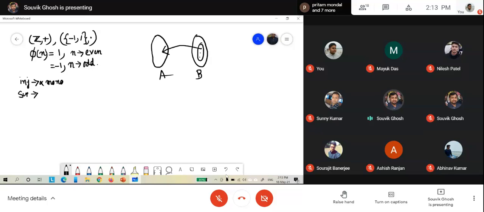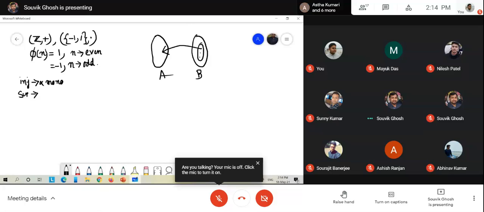So what are the elements in the codomain of this function phi?